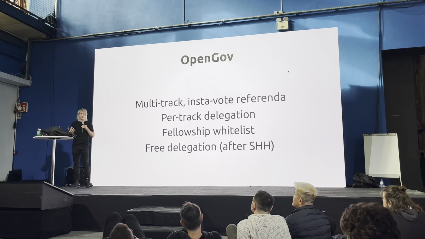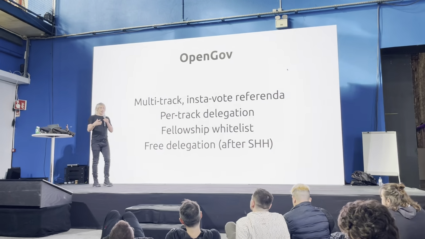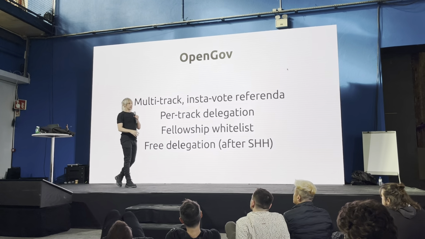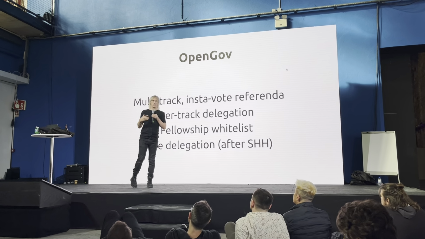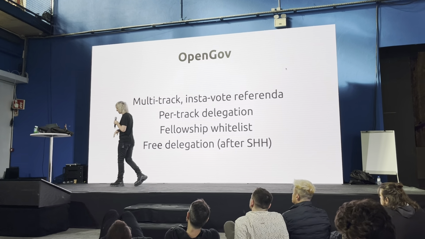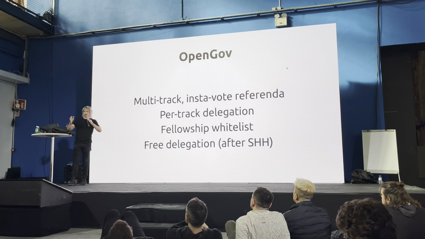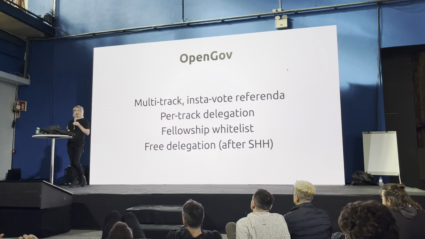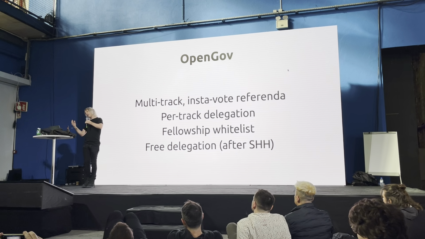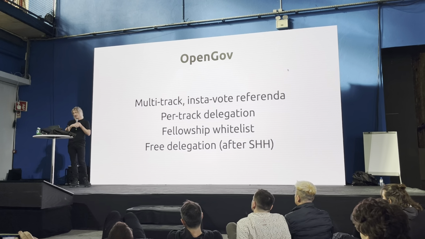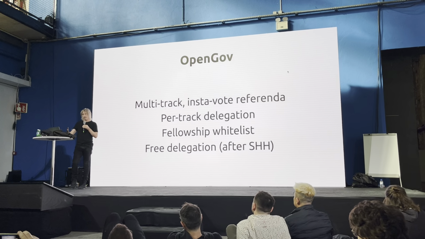But we want to get as many people delegating as possible, and this is hard if it costs money, because most people don't want to pay money in order to just have a voice. Most people are not, it turns out, all that bothered about having a voice in these referendums. But the assumption is that if it's free and easy, maybe we get a lot more people on board.